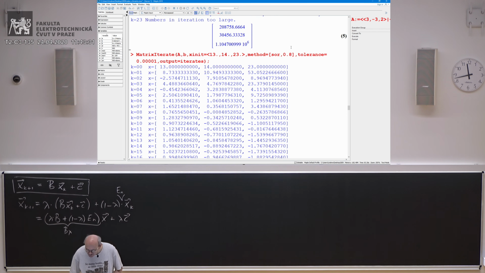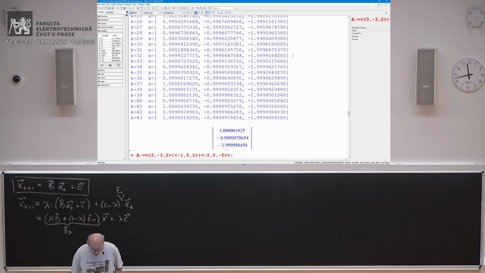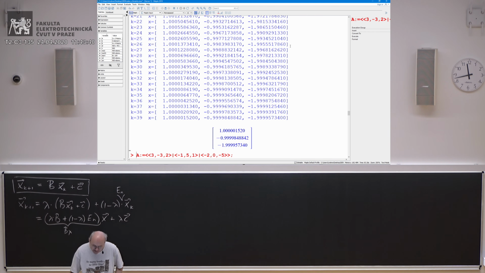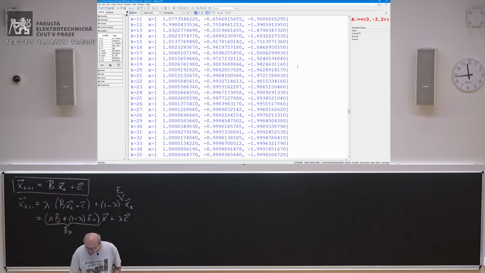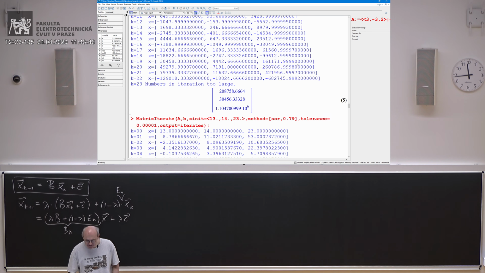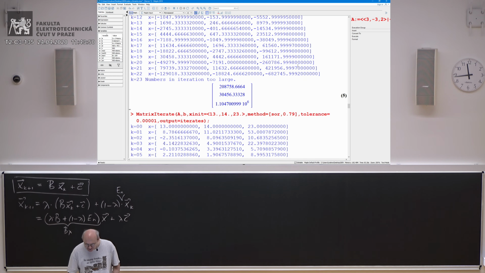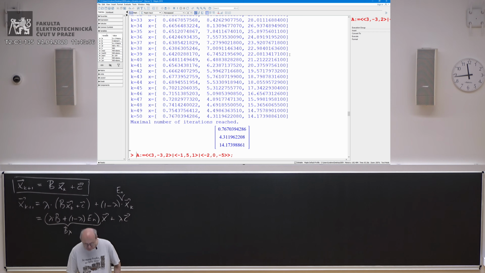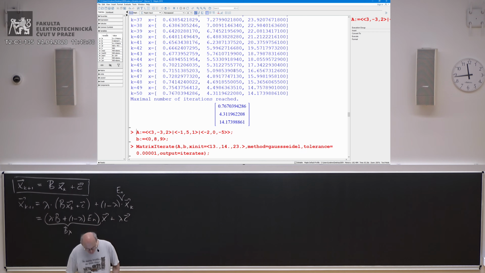How about 0.81? Oh, that's worse. How about 0.79? 39. So it seems that I cannot make it go faster than 39 iterations, but still I turned a divergent situation, which we see over here, into a convergent situation using the iteration factor, let's say 0.8. It's a nice number.